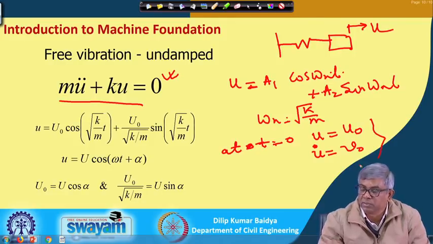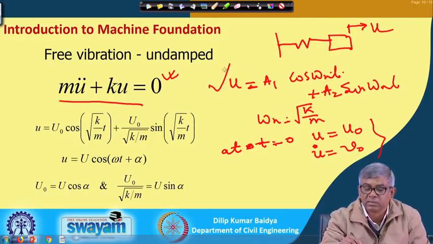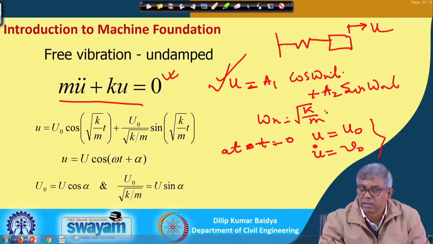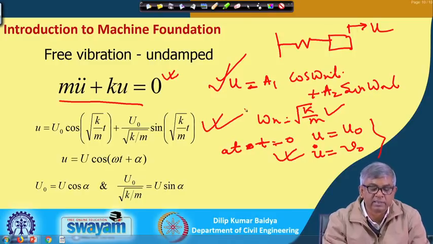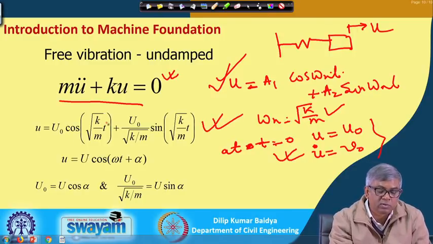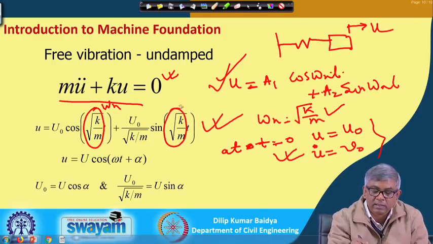After assuming this general solution, taking omega n as this, and putting these boundary conditions, I can arrive at a solution like this: u naught cos omega n t, and so on.